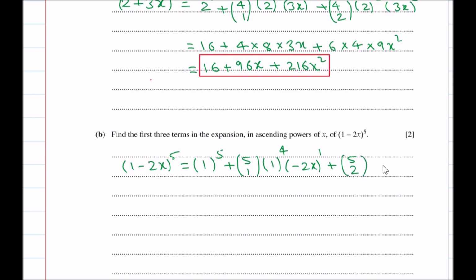This is the third term, so 5C2. The fourth term is 5C3, 1 less than the term number. Then it will be 1 to the power 3, 1 reduced, and here we get (minus 2x) to the power 2. Here was 1, so 1 plus 1, power becomes 2. So we are done with this.